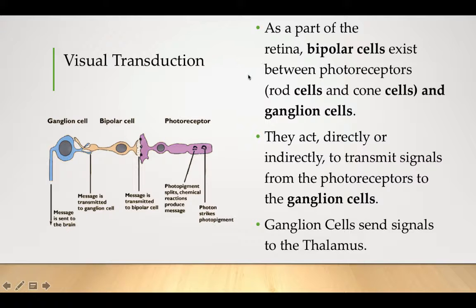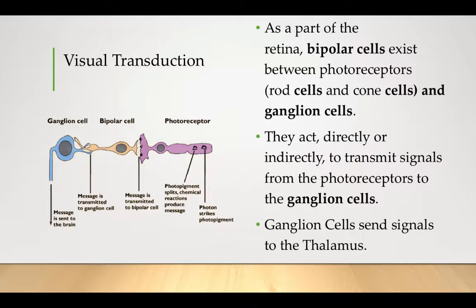So as we look at part of the function of our bipolar cells, remember bipolar cells are not photosensitive. They are located between photoreceptor cells and ganglion cells. Their task is to directly or indirectly transmit signals from our photoreceptor cells, rods and cones, gather that information and send it along to the ganglion cells.